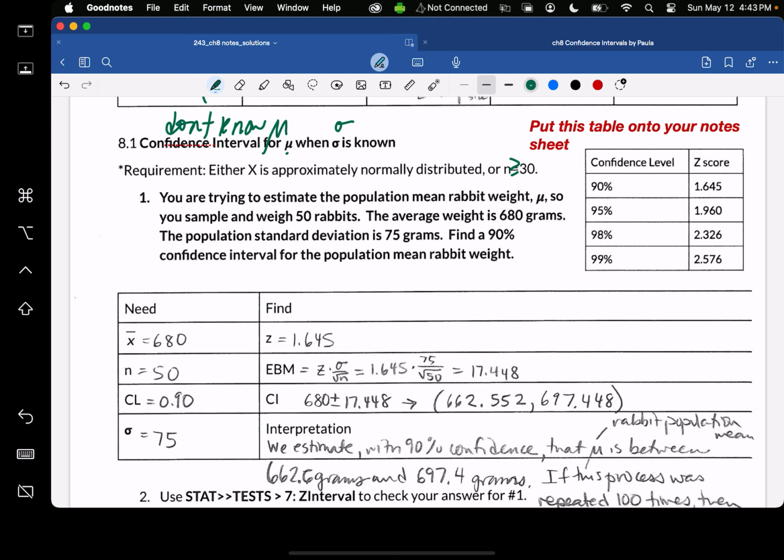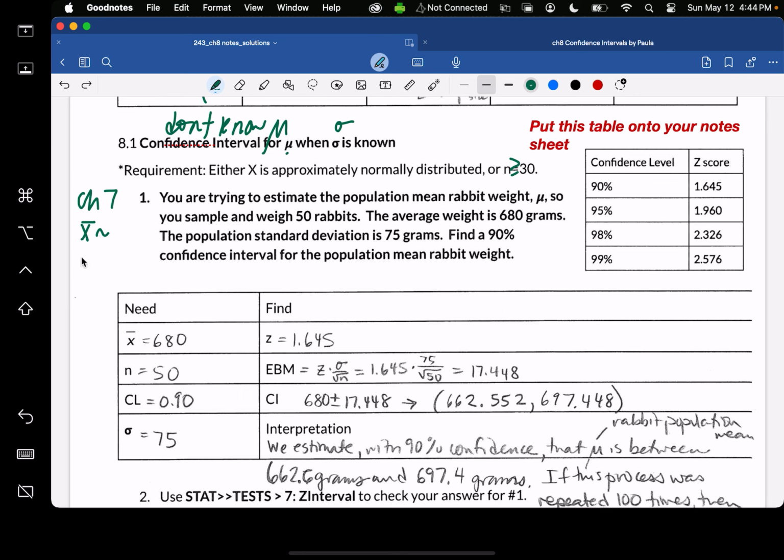And the reason that this requirement is given is because in Chapter 7, we dealt with the distribution of the sample means. So we knew that x bar had a certain normal distribution, again, if the requirements were met. Let me just back this up a bit.